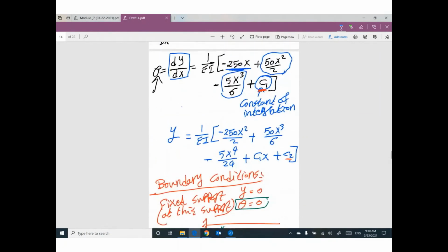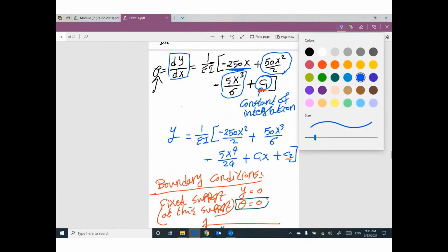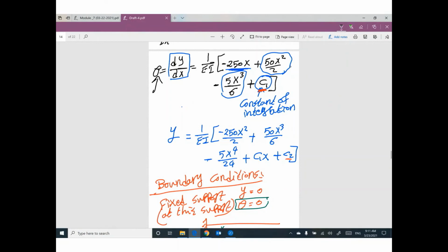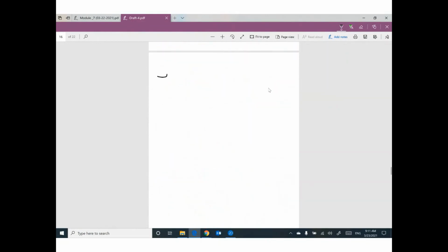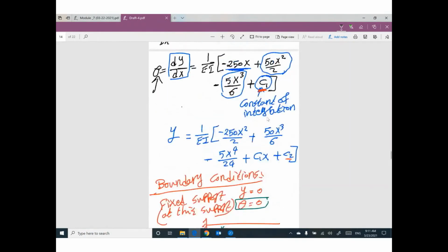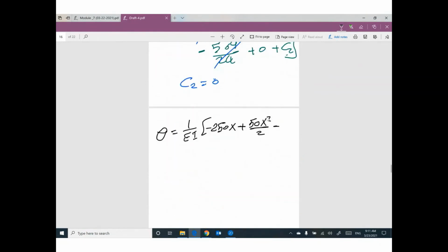So the final conclusion is your theta will be 1 over EI, negative 250x plus 50x squared divide 2 minus 5x cubed divide 6, and the C1 equals 0.